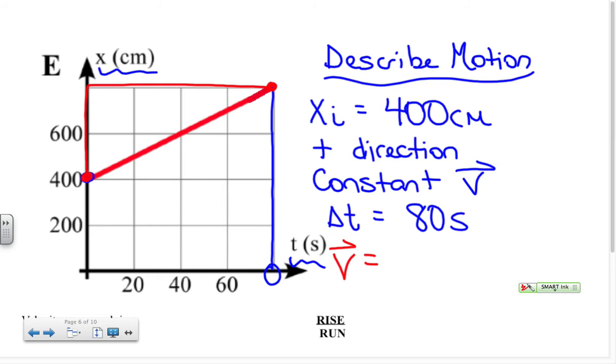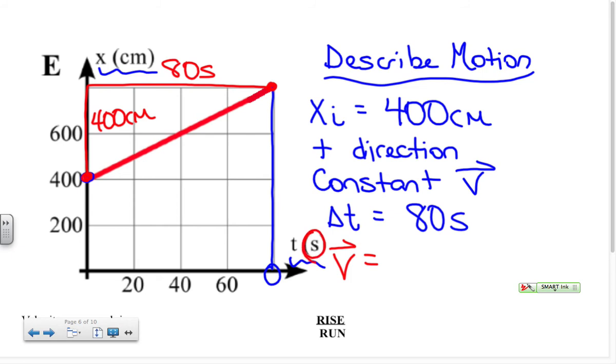My rise in this example is going to be 400, and my unit is centimeters, and my run is going to be 80, and my unit is going to be seconds. The reason I know that it's going to be 80 seconds is because that is my unit down here for time.